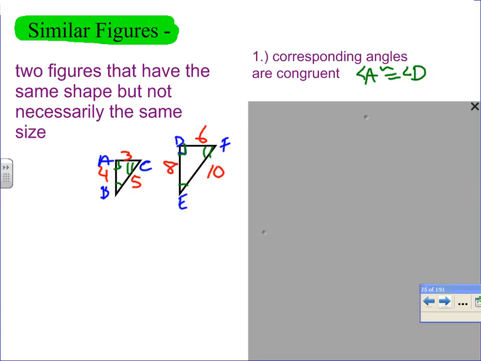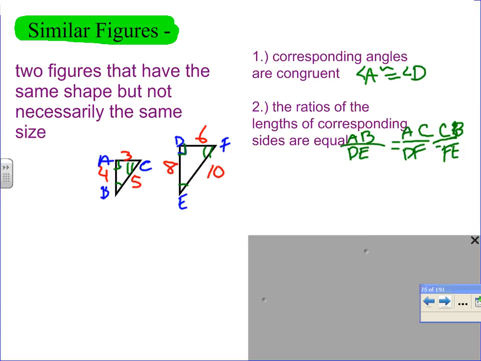Okay. All right. Yep. 2 more things I want you to write down on the right-hand side. So for similar figures, if you have room, or you can just draw my pictures. What I wrote in green is fine. For similar figures, corresponding angles have to be congruent. Number 2, Doug told us this a while ago, the ratios of the lengths of the corresponding sides are equal.